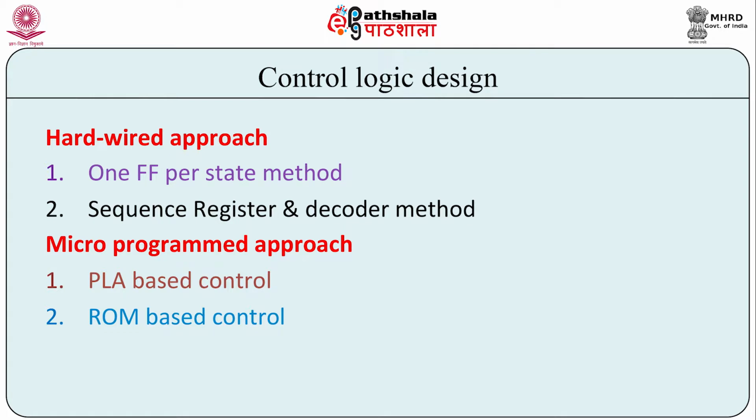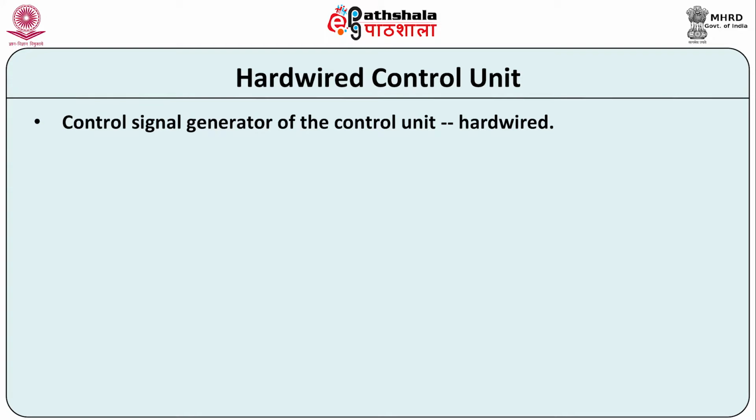Looking at the disadvantages of traditional design, a new approach based on combination of sequential logic design and register transfer method is preferred. This leads to two types of control units: hardwired control unit and microprogrammed control unit. The name hardwired control unit originates from the fact that the basic control signal generator of the control unit is hardwired.